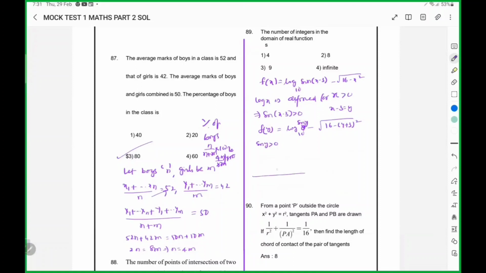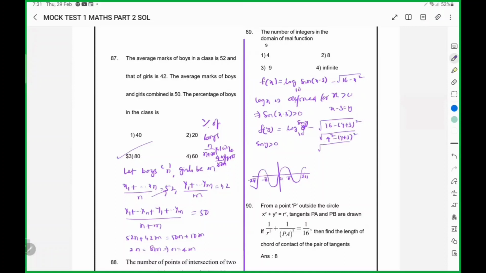So once you draw the graph like this, 0, pi, 2 pi, minus pi, minus 2 pi. Here it is 4 square minus y plus 3 whole square.